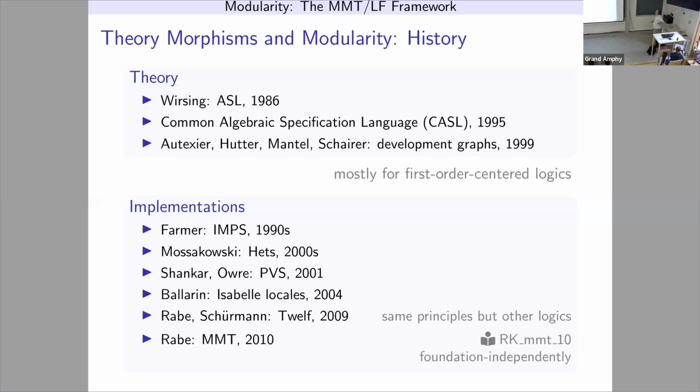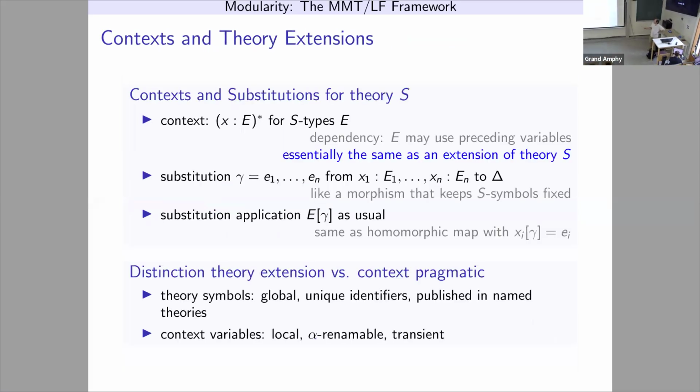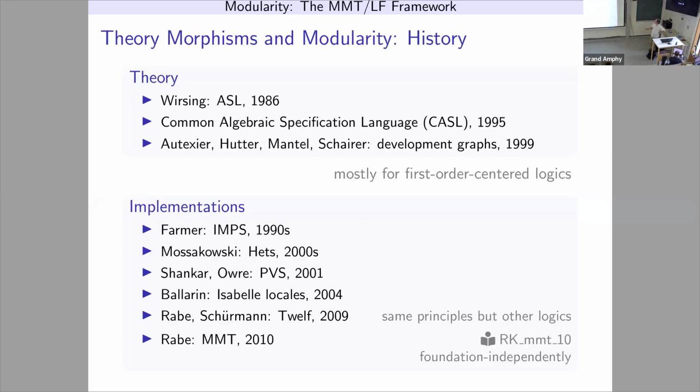A little bit of history. The earliest and most systematic study was in the area of algebraic specification. There's a community of people mostly looking at first-order-like logics. They don't do lambda binding so much, but they could. It's just a community of different priorities. The development graphs, late 90s, kind of then made the jump to proof assistants.